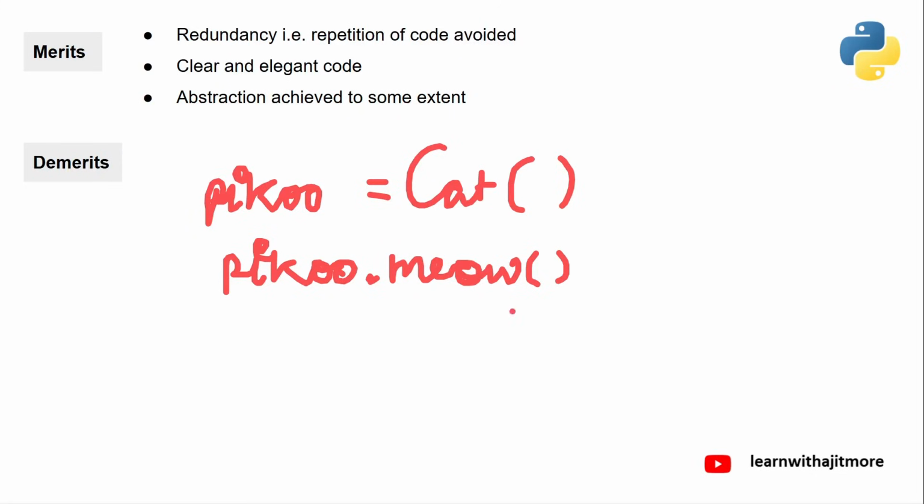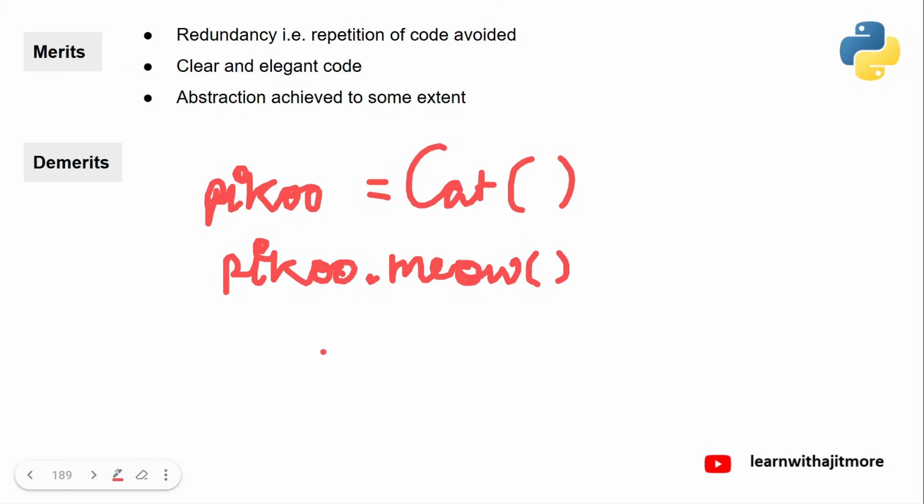Piku.meow. Inside, Piku will go in self. Then inside we have a print statement in which we are printing self.height and self.color. So when it is trying to print self.height and self.color, it will give you an attribute error. It will say there is no attribute height and color in this Piku object. Why is it so?